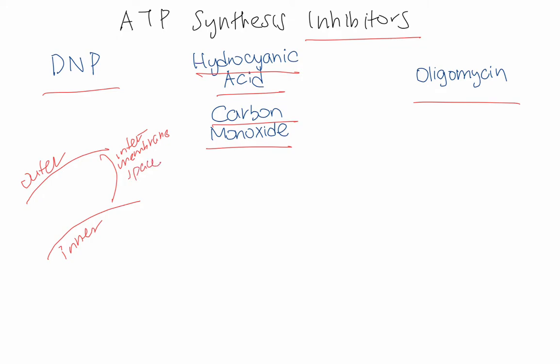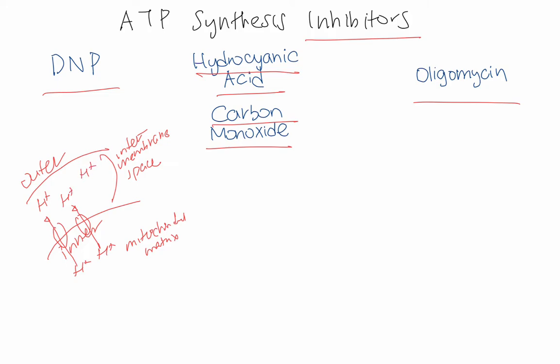You'll remember that through active transport by particular proteins, hydrogen ions are transported from the mitochondrial matrix through the inner membrane into the intermembrane space. So we have hydrogen ions here.